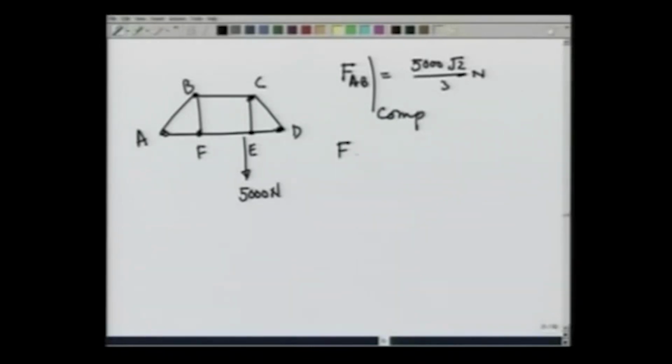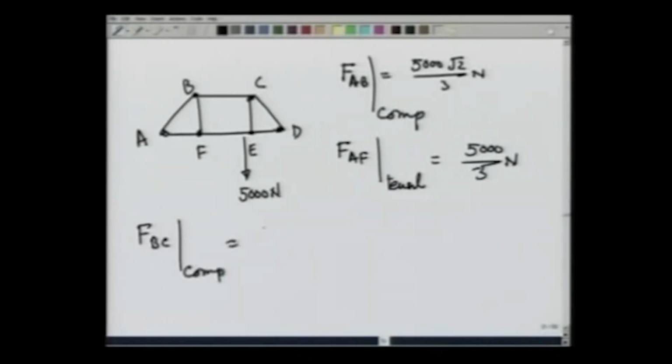Then FAF, which was tensile, and it came out to be 5,000 over 3 newtons. Then FBC, which came out to be compressive, and its value was 10,000 over 3 newtons.